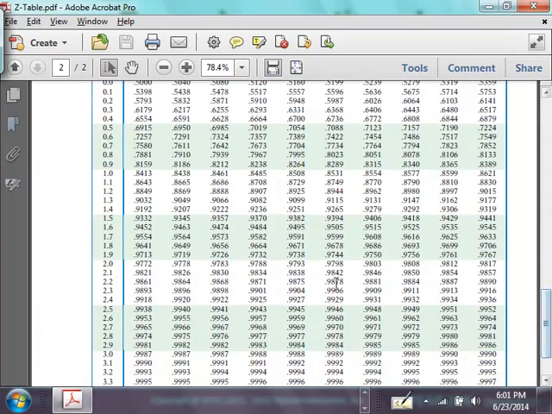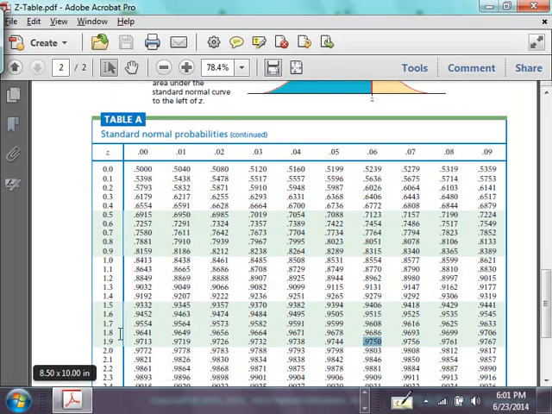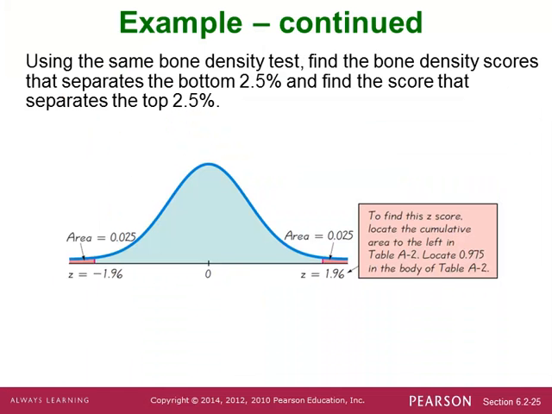Go down here, here's 0.975 right here, and the corresponding z-score to the left is 1.96.